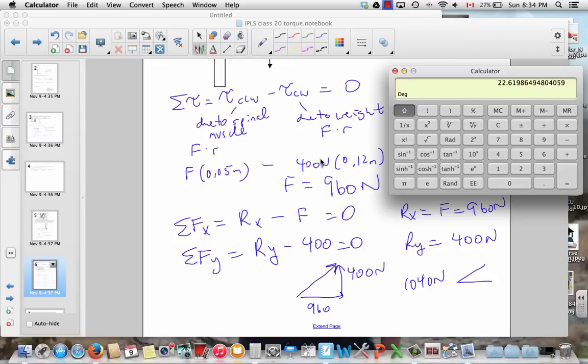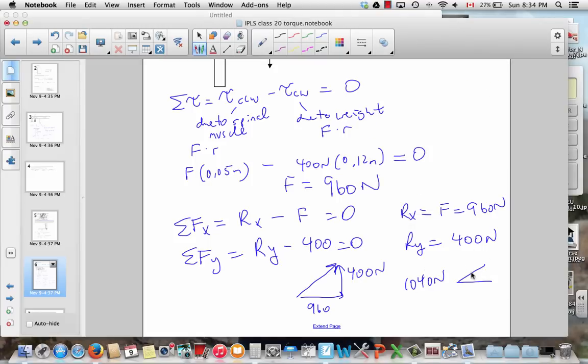And so that works out to be just over 1,000 newtons, and then at an angle of about 22.6 degrees above the spine. That's the angle at which that hip reaction force will be applied.